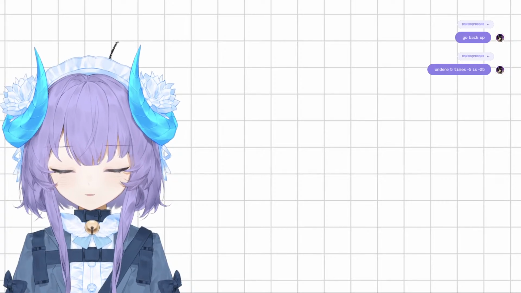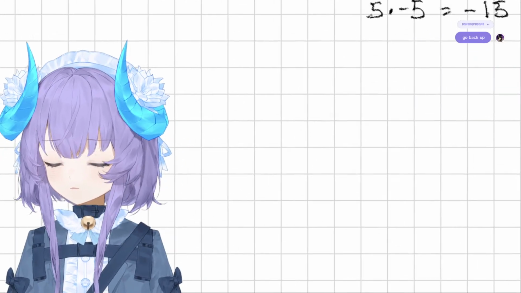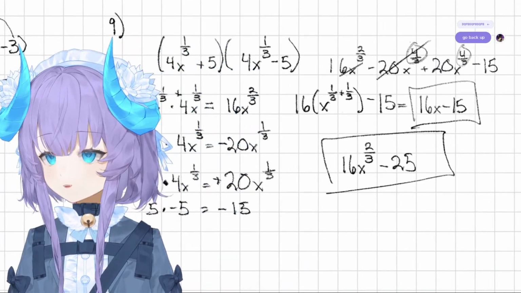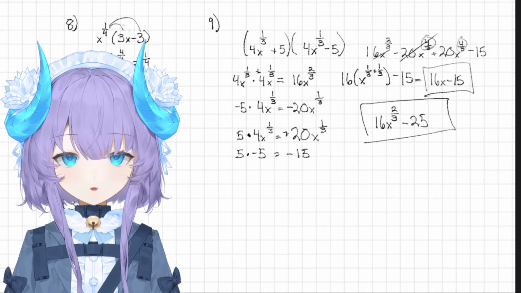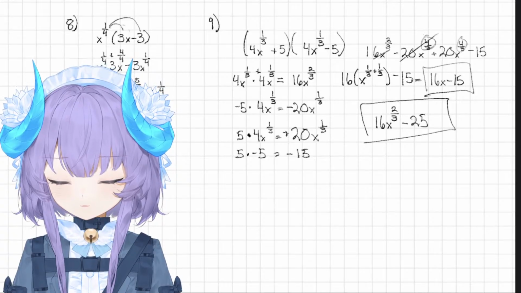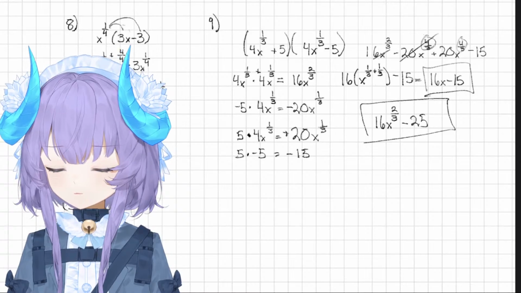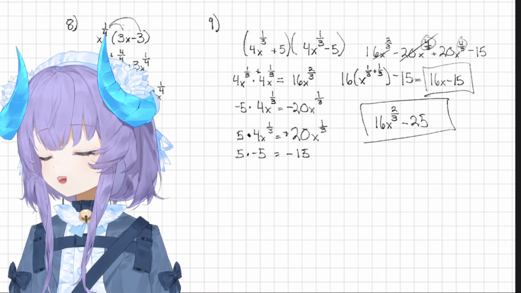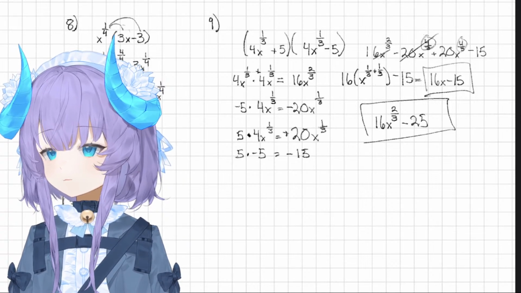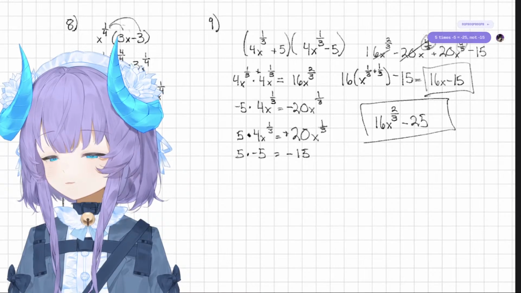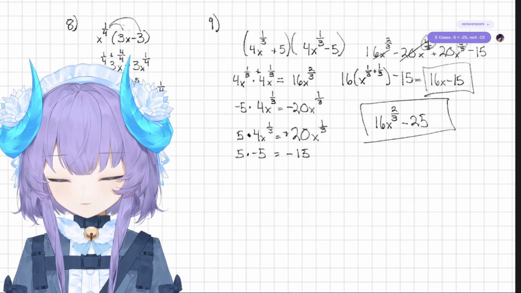Go back up. Well, I have to do it over again anyway. What is it? Five times 5 is 25. Okay, well, that is on me. Damn.